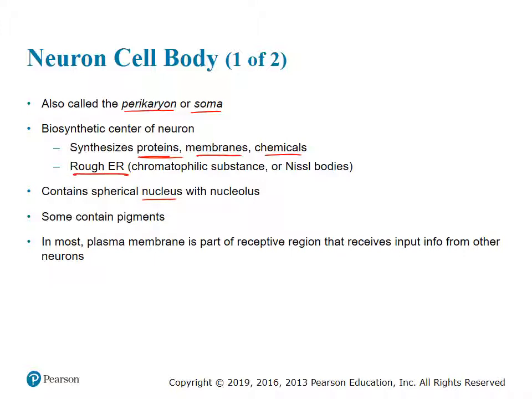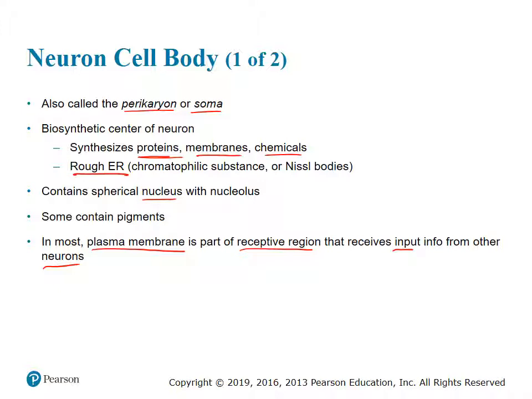Okay? In a neuron, the plasma membrane in the cell body is going to be the receptive region. It's going to receive input from other neurons. This is how neurons are connecting to others, because the end of the neuron, let's say neuron number 1, is going to innervate or connect or touch, if you will, the cell body portion of the next neuron.